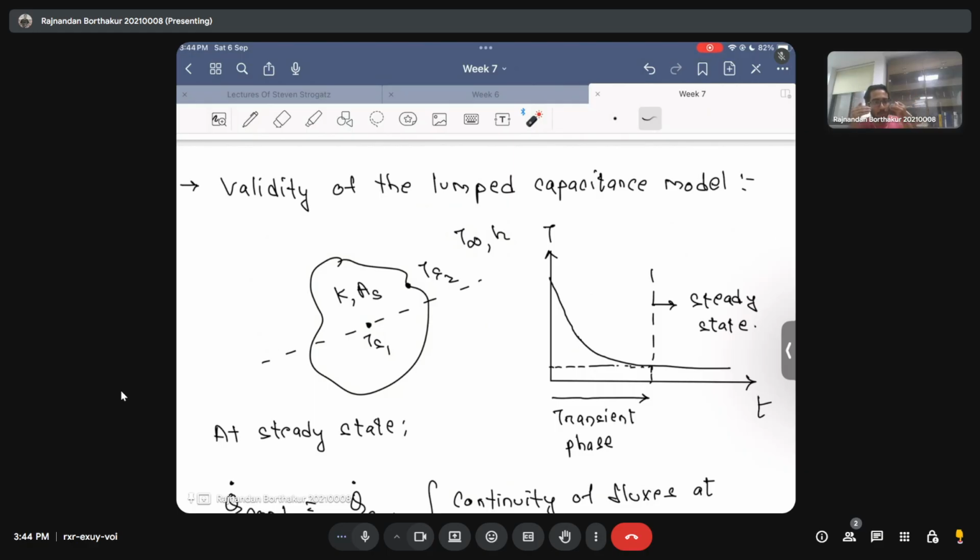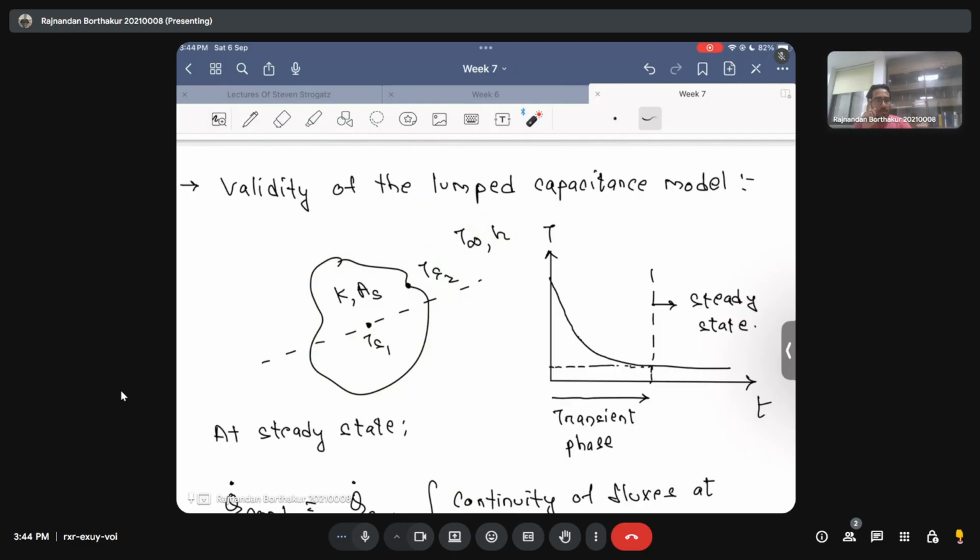So you can say that at each and every time step, for the lumped capacitance model to be valid, you must have temperature within the body which is spatially uniform, because you have already proved that your lumped model is valid when the difference between the temperature at the center of the body and the temperature on its interface is sufficiently less than the temperature on the interface and with respect to the ambient.